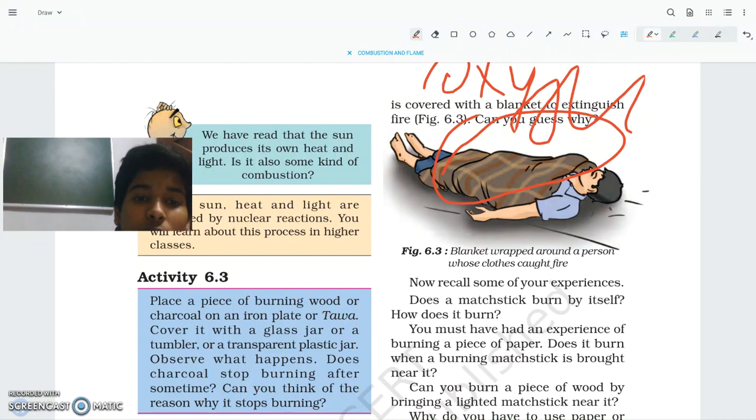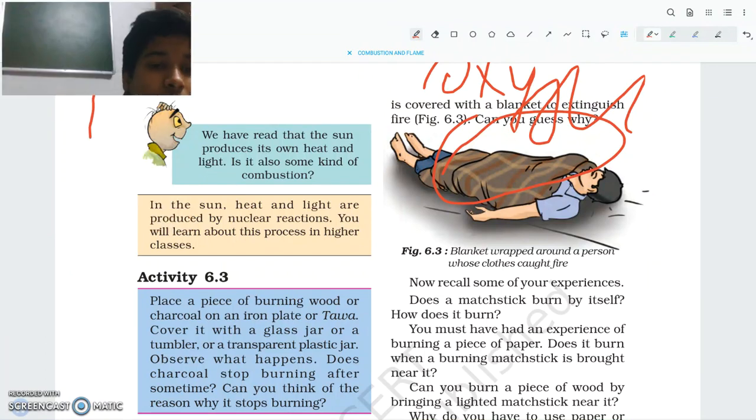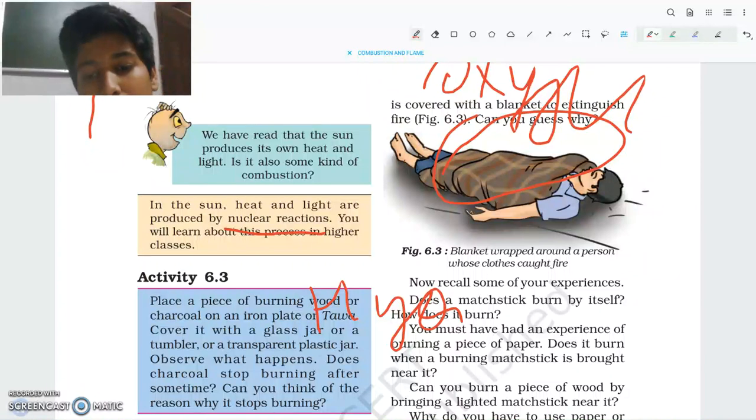Now, a student asked about the nuclear energy that our sun produces. Yes, it is about hydrogen bombs. It is the same topic, about producing light: because of such massive explosions, it produces heat and energy, and that heat and energy automatically produce light.